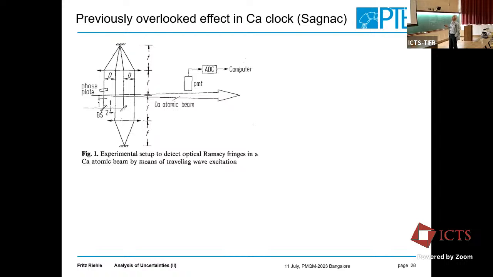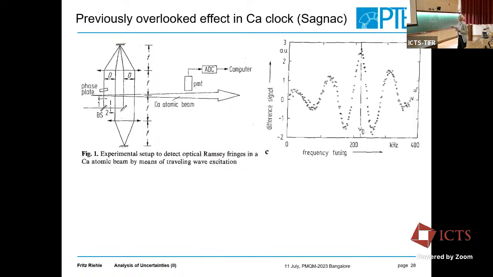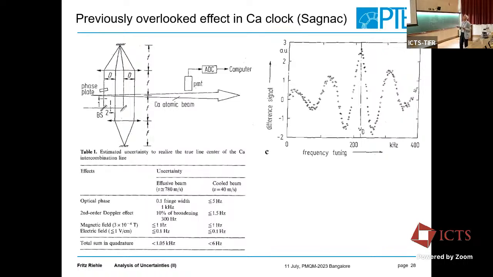And we excited the beam with an optical laser beam in this direction. So we had four interaction zones that gave optical resonances where you can easily find the center of the transition. And we made an uncertainty budget.